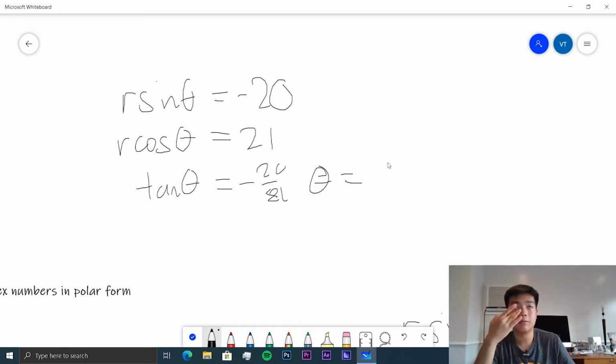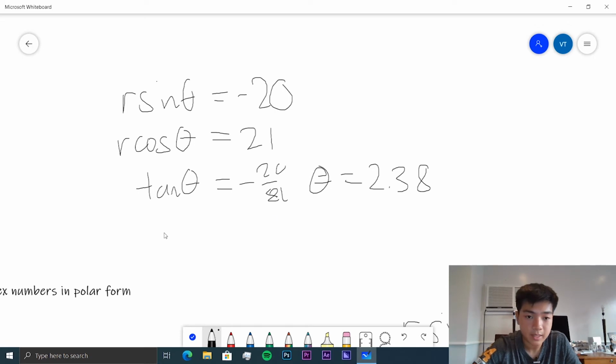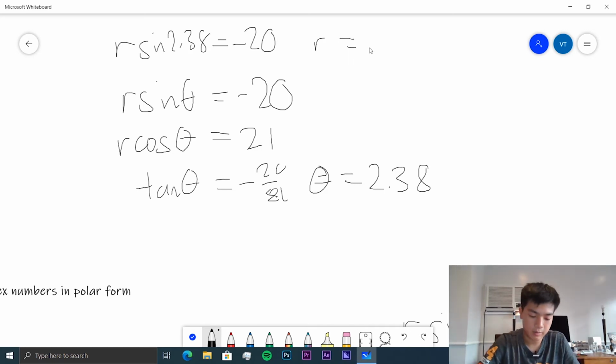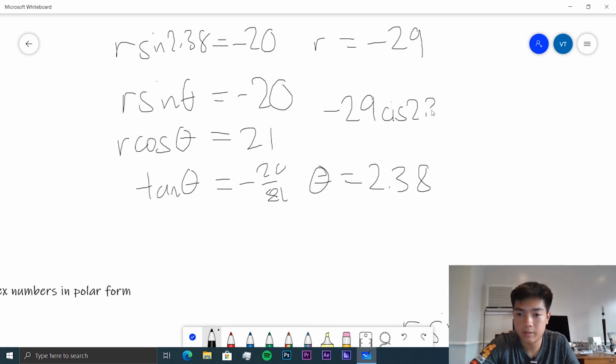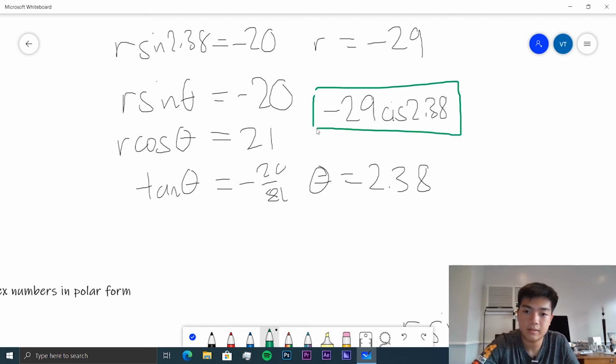And okay, some textbooks will allow you to do values of the argument from negative pi to pi. Some will give them from 0 to 2 pi. It doesn't matter too much. But I'm going to make this positive. So this is going to be 2.38. So finally we have r sine 2.38 is equal to negative 20. So r is equal to negative 20 divided by the sine of this, which is equal to negative 29. So we have negative 29 cis 2.38 is our answer.